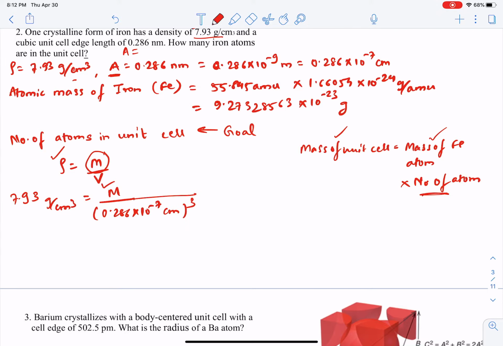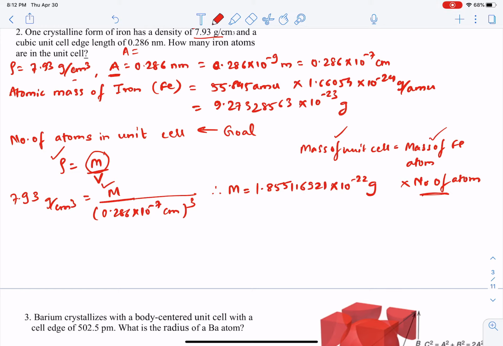And using this, you will get M equal to, doing this calculation, you should get the mass of the cell as 1.855116921 into 10 raised to minus 22 grams.